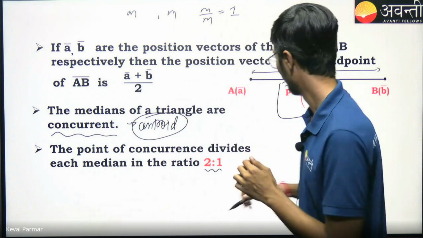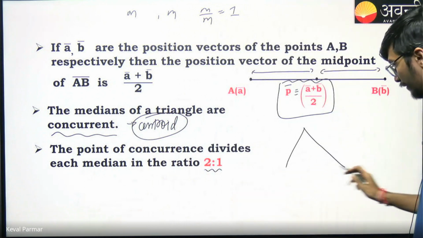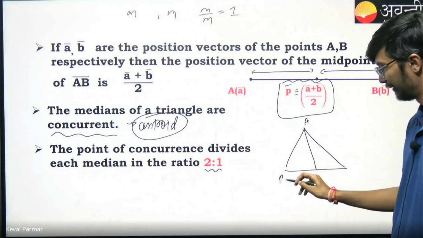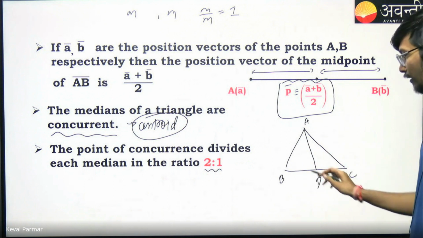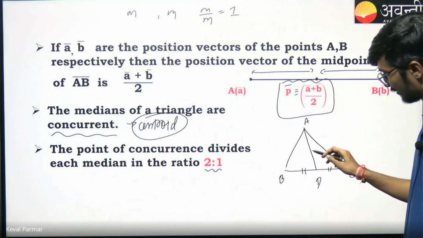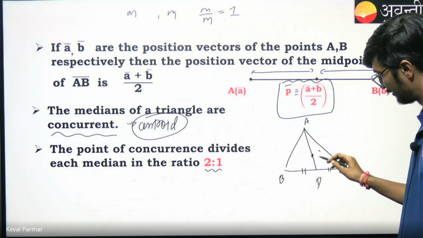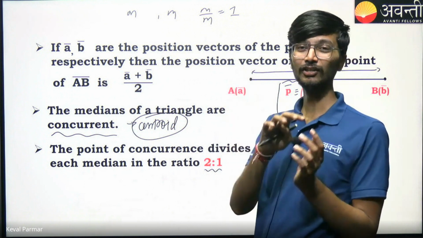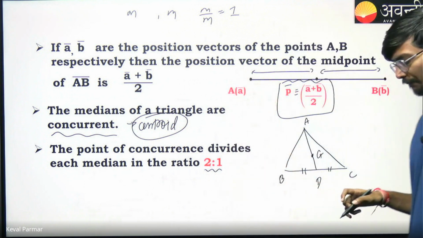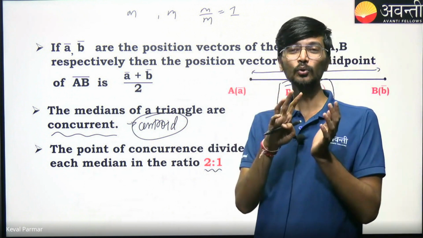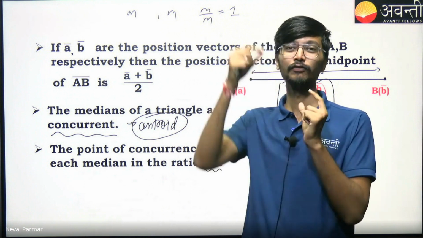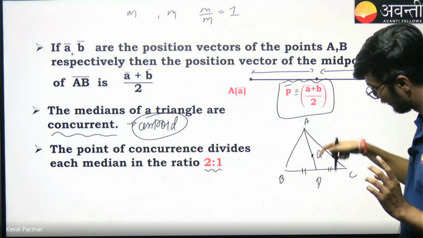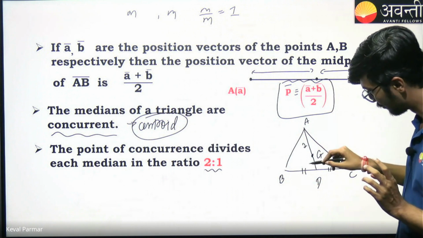Let's say I have a triangle and I draw a median from here. Let's say this is triangle ABC, and let this be D, which is a midpoint. Here there will be a point G, the centroid, which will divide this median in the ratio 2:1. Always remember, 2 is the length from the vertex. Here the vertex is A, so the length from A to G will always be 2 and this will be 1.